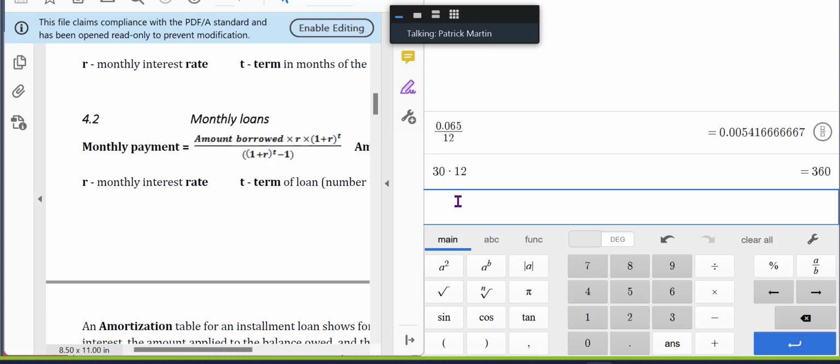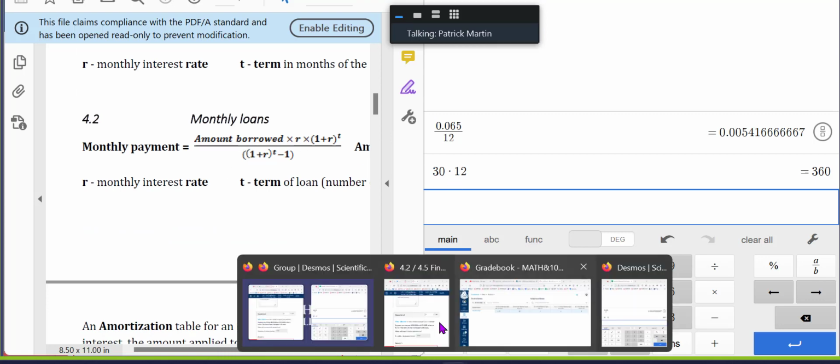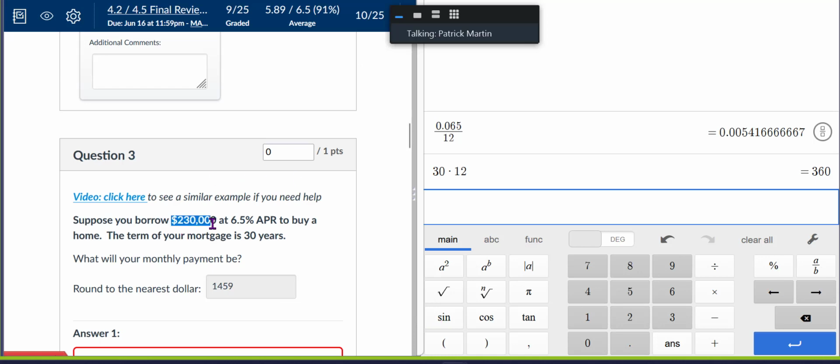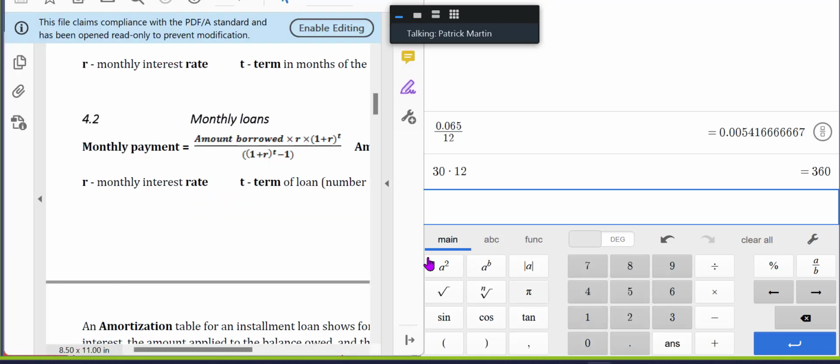Okay, so the amount borrowed was 230,000. So we go 230,000 and then times R and then times 1 plus R to the power of T. So I'll do it a number of ways.